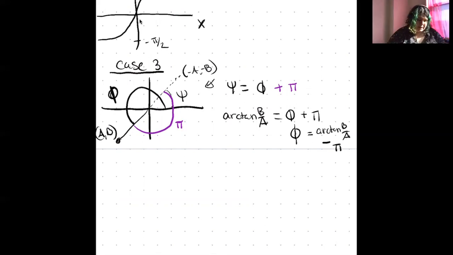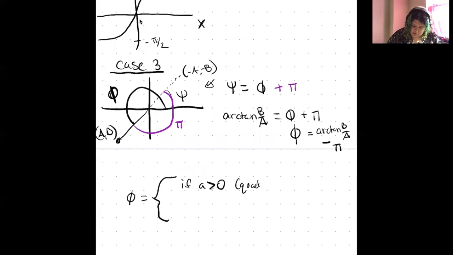So just to summarize what that means, my phi, that phase shift, is going to depend on the coefficients of my two trig functions. If a is greater than 0, so if I'm in quadrant 1 or 4, since we just care about a, then I just have arctan b over a.